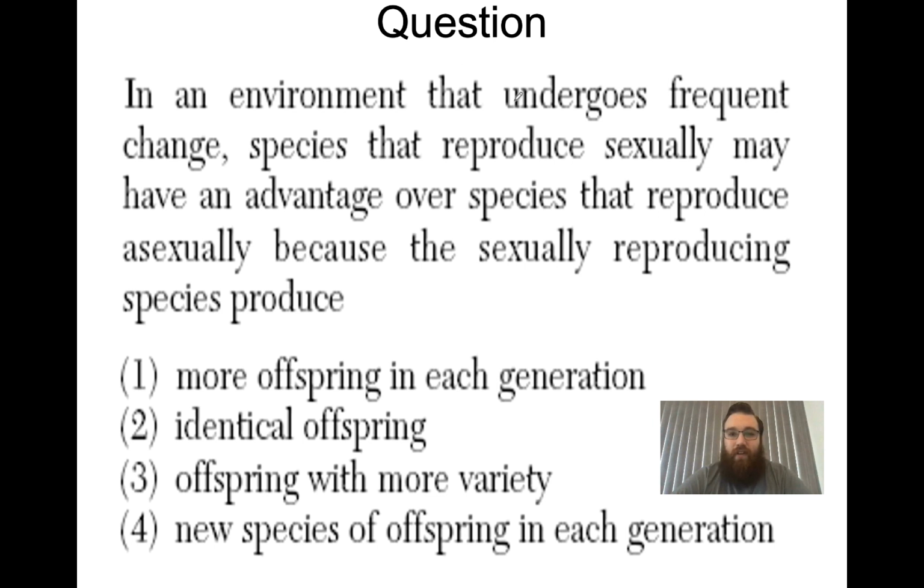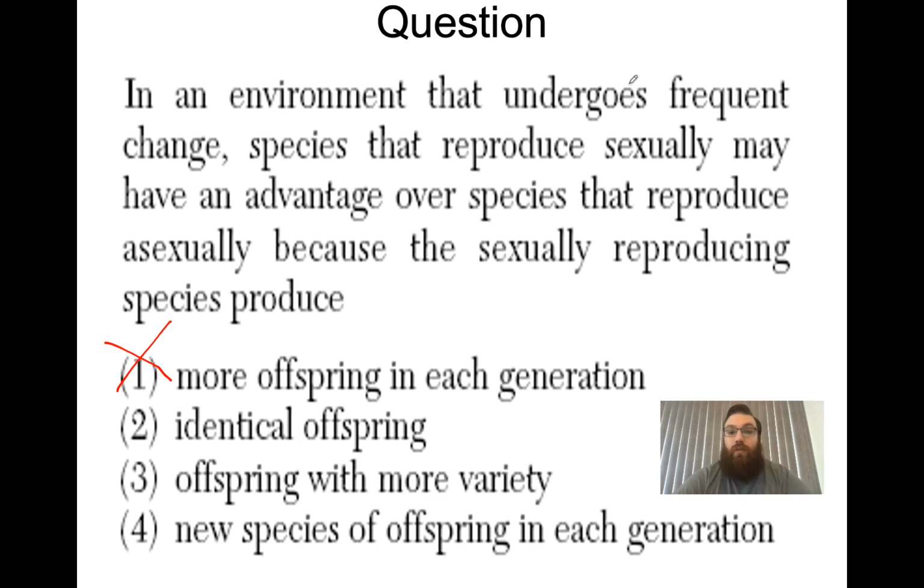In an environment that undergoes frequent change, species that reproduce sexually may have an advantage over species that reproduce asexually because the sexually reproducing species produce. Okay, so typically asexual organisms produce more offspring. I can find a video of that for you guys to watch. It's quite interesting.